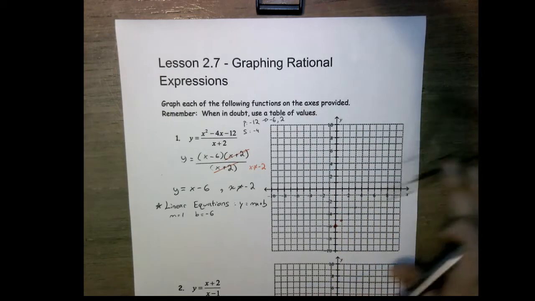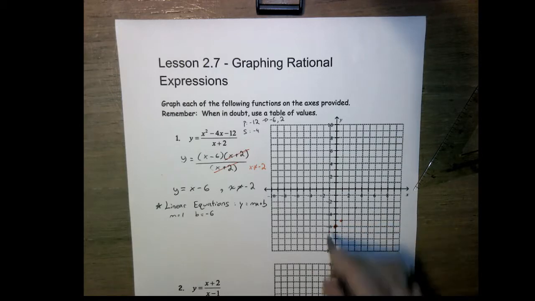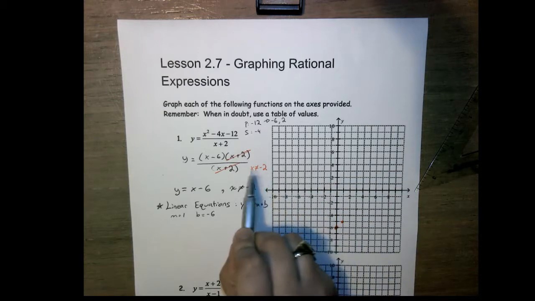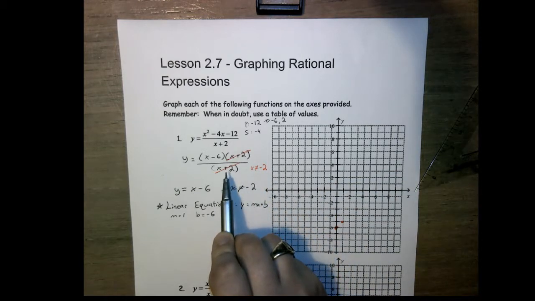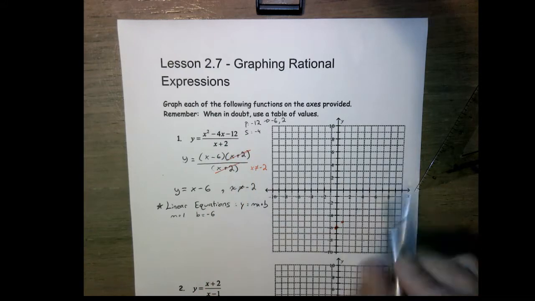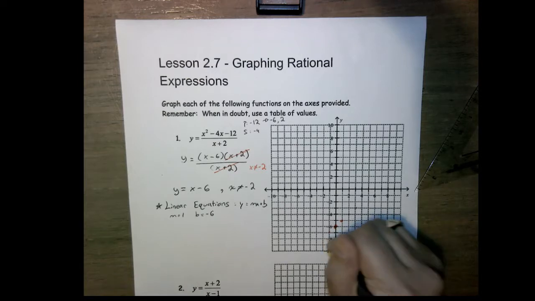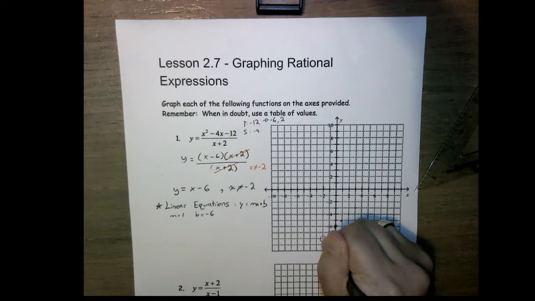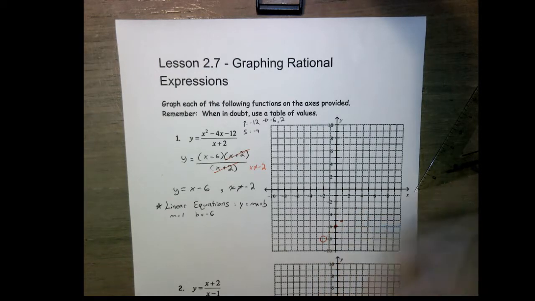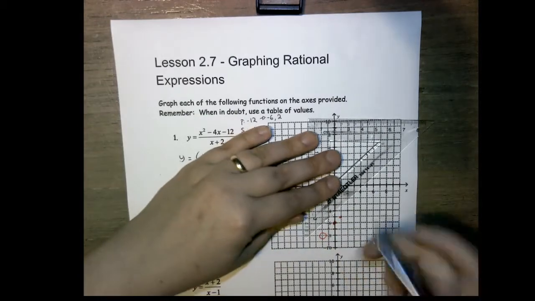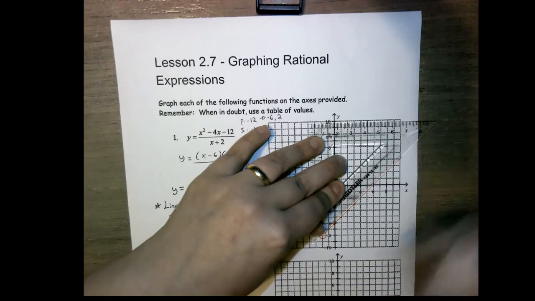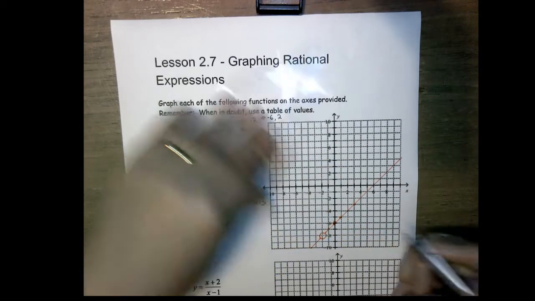Now, this is the case for pretty much all of my points except over here at x equals negative 2. If you remember, x cannot equal negative 2 because in my original expression, that would cause me to divide by 0. So instead, at negative 2, I'm going to get a hole. I'm just going to write that in like an open circle, right? And then I can connect my line while ignoring that open circle. So my line looks something like that.